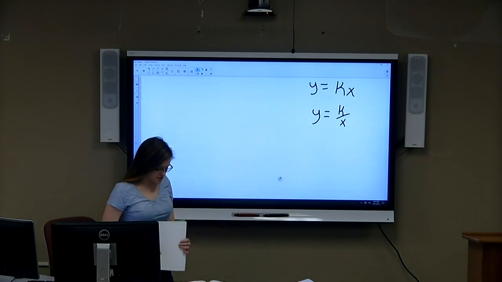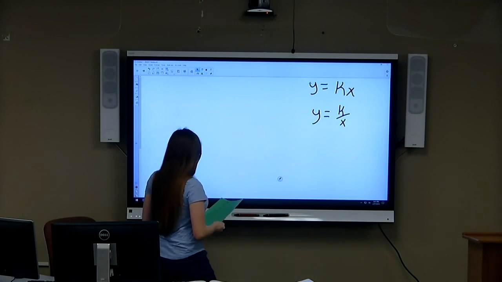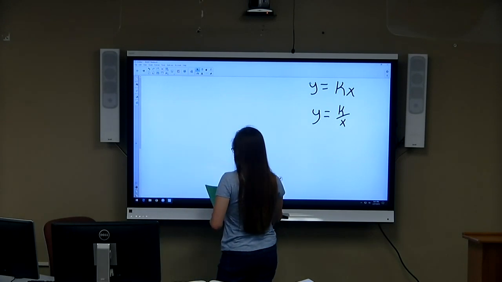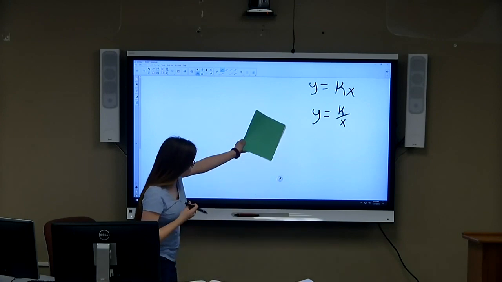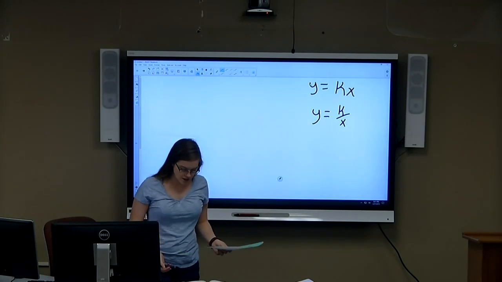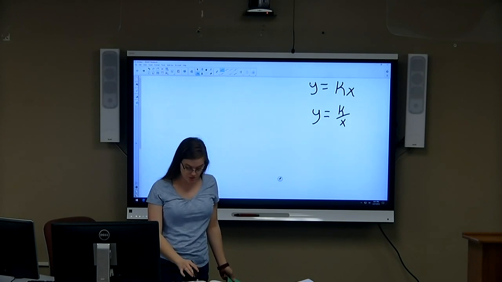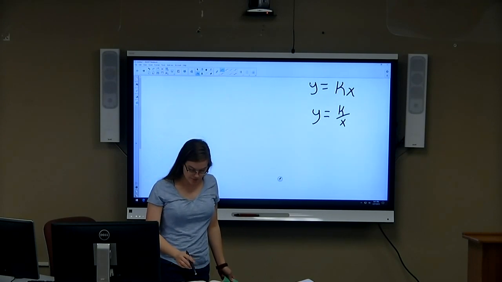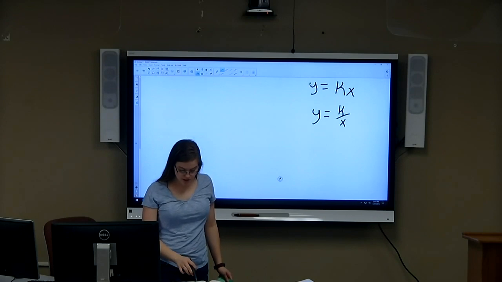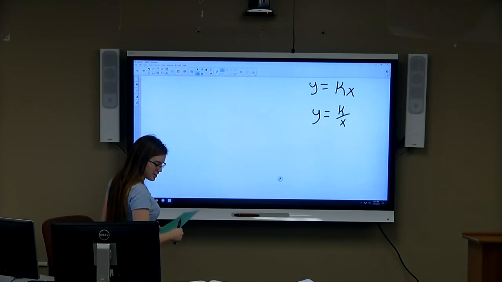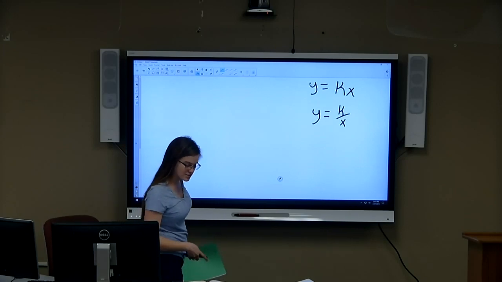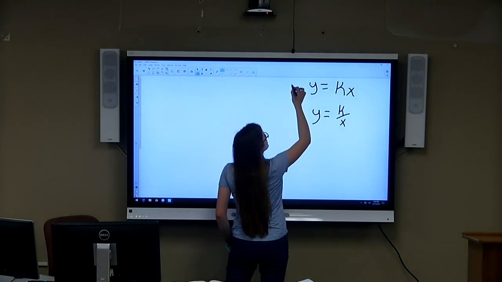the two I wanted to work out for you today were number 7 and number 9, because each of those gives an example of what's on the board. Number 7 says a varies directly with x squared; a equals 4 pi when x equals 2. So let's work that out. We know it varies directly, so we're going to be using the first one.